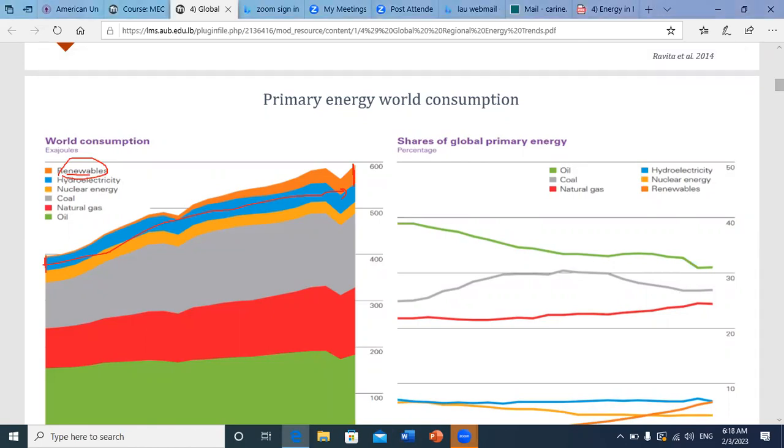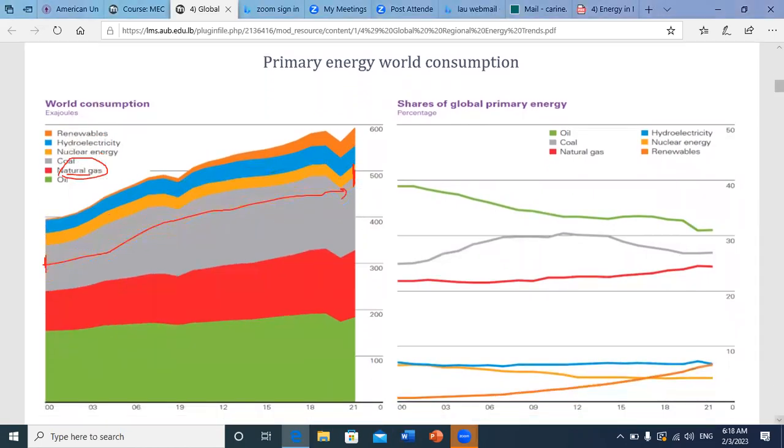If we look at the graph here, you can see, for example, the decrease in the share of oil recently, and also the decrease in the share of coal, while mainly renewable energy has an increasing trend. So the future, as we know, is for renewable energy. That's why we are trying to develop technologies related to renewable energy to be able at the end to replace all non-renewable resources.